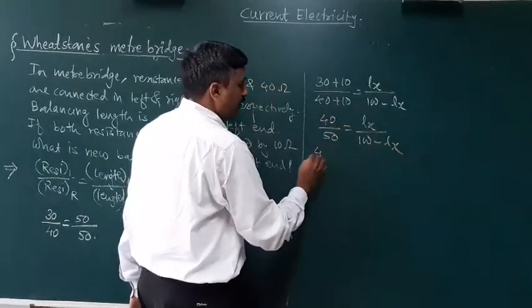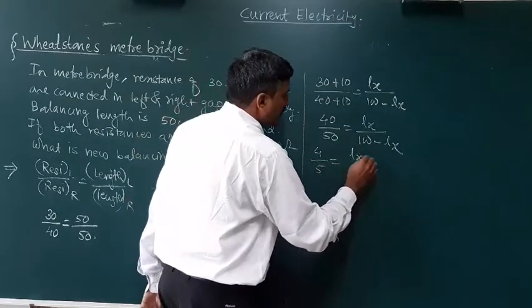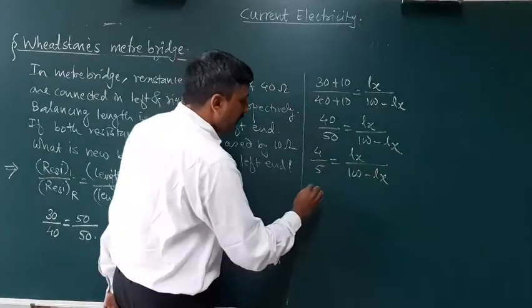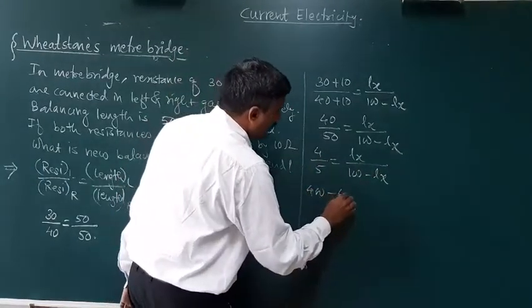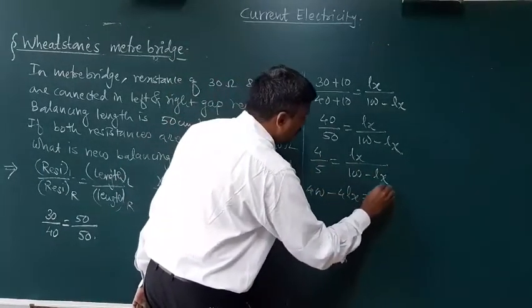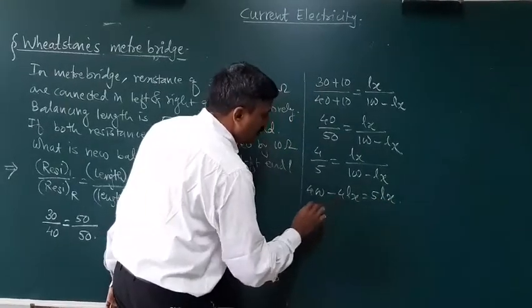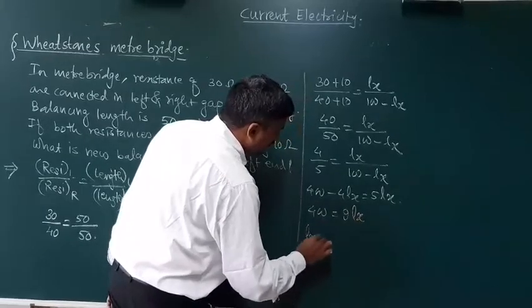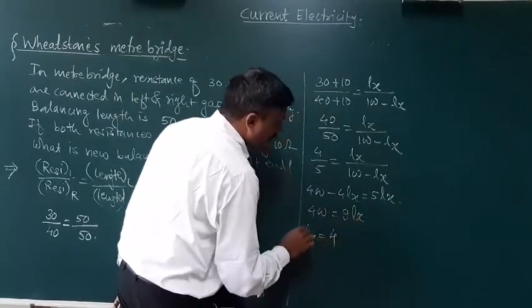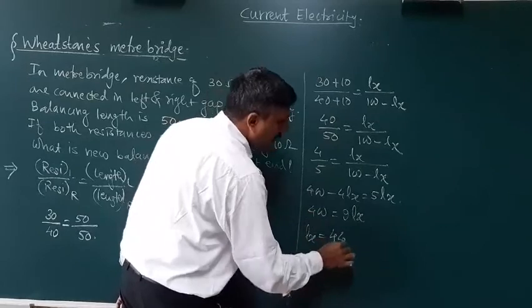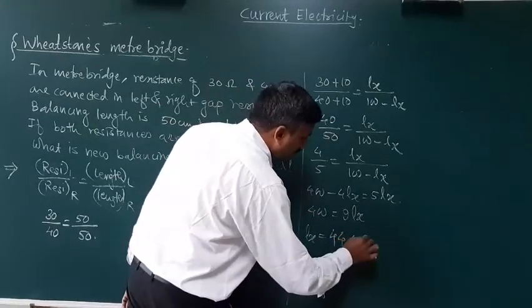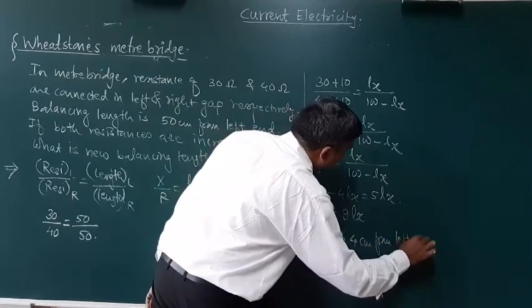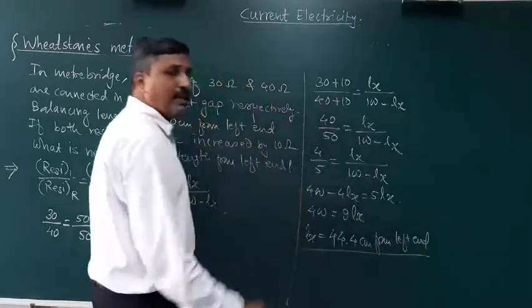Cross multiplying, 400 minus 4Lx equals 5Lx, so 400 equals 9Lx. So Lx equals 44.4 centimeter from the left end. This is my answer.